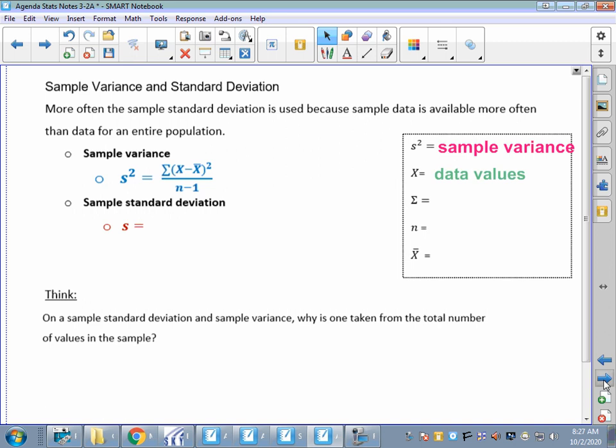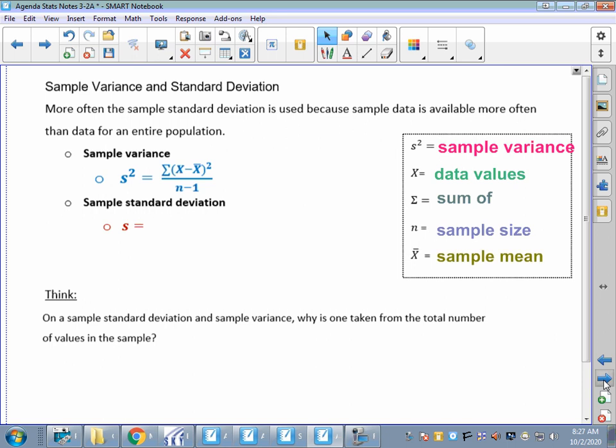X is each one of our data values. So notice we do x minus x bar, so our individual data values come first in that subtraction problem. We all know that sigma is sum, so we have to do all of the squaring first, and then we're going to add up those values. Hopefully you remember that n is our sample size, and x bar is our sample mean.